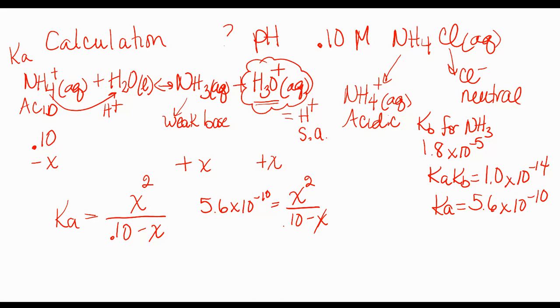And then when we solve for x, we get 7.6 times 10 to the, let me make sure on that. I feel like I've done this a lot with the same numbers, but. Oh, so yeah, 7.5 times 10 to the negative 6.